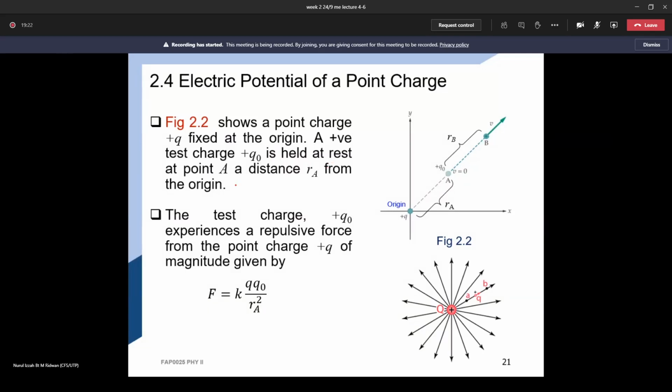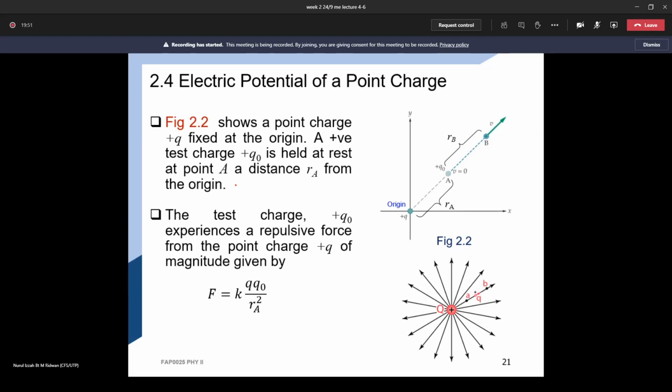When you have this term test charge in physics, it is something that we assume as a very tiny positive charge to help us come up with the formula. To derive the formula, there are some things that need to be assumed before we can derive it.